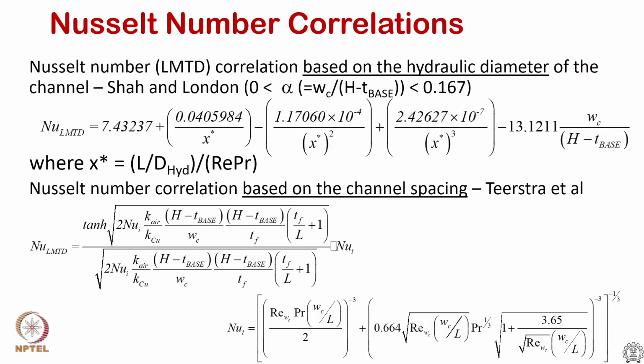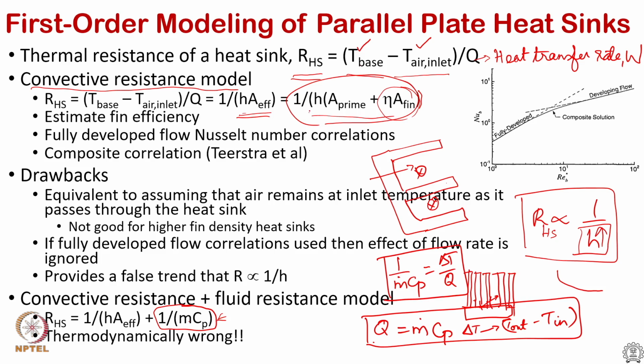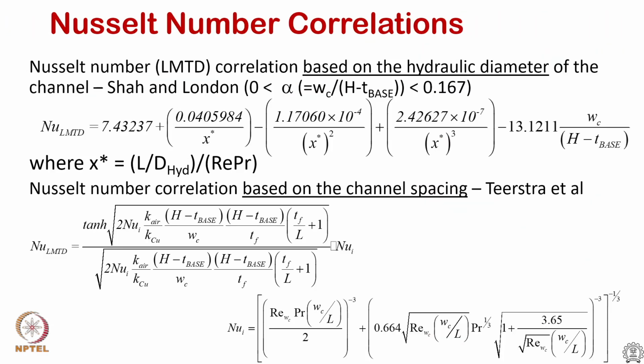So, going back to the Nusselt number correlation, one can use LMTD or any other existing correlation and combine it with the previous model that I just discussed. If it is a sparse fin heat sink, then one can use that and calculate the resistance for the heat transfer.